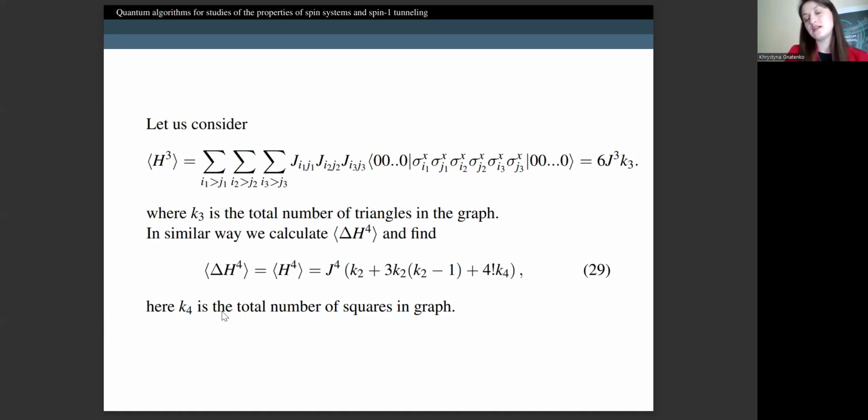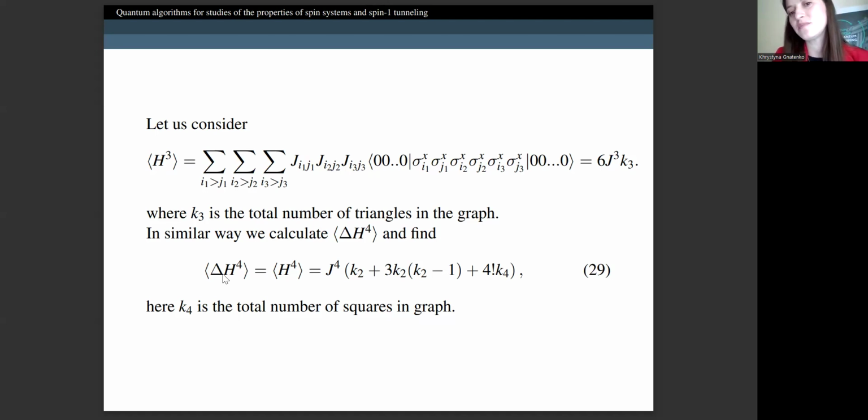And with development of quantum devices, quantum processors, we expect that we achieve this quantum supremacy in solving this problem, because to obtain the number of triangles, we have just calculate this value.